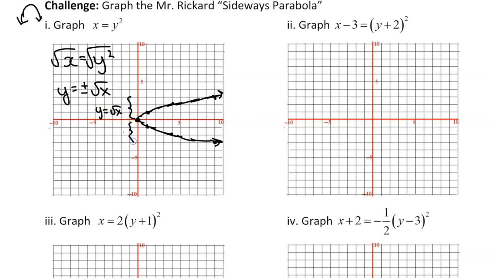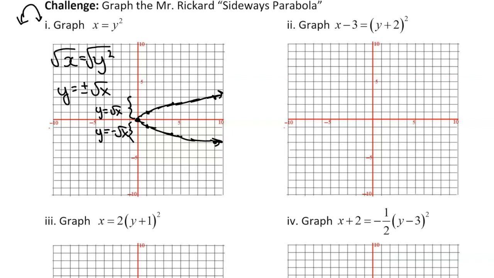And if you reflect that over the x-axis, then you would get y equals negative the square root of x. So it's just a parabola that's been turned on its side, or you can also look at it as a square root function with its negative reflected square root function on the same graph as well. So that's your basic inverted parabola.